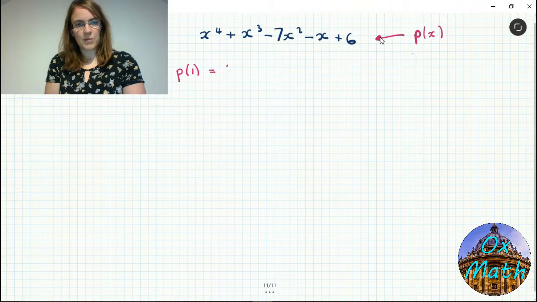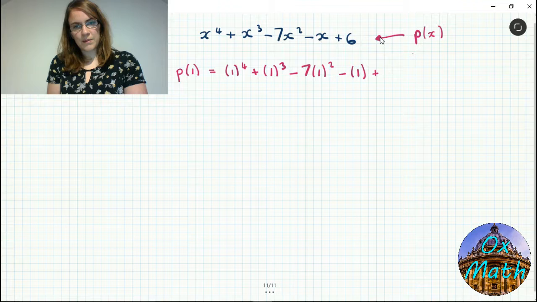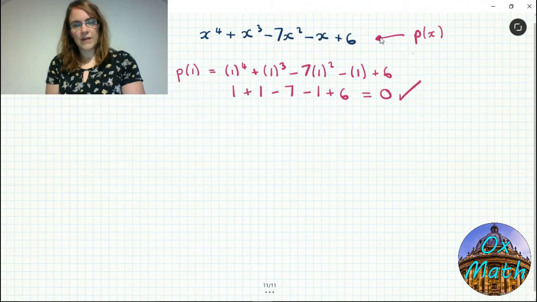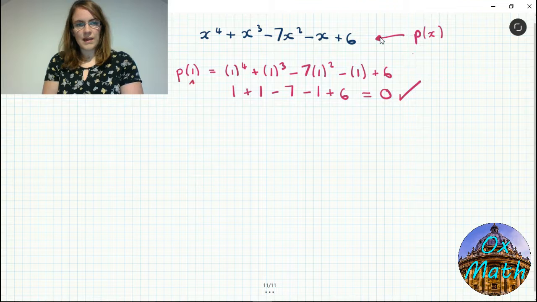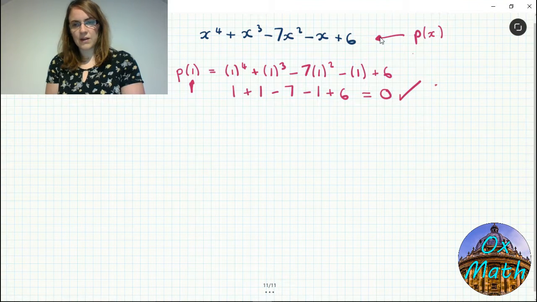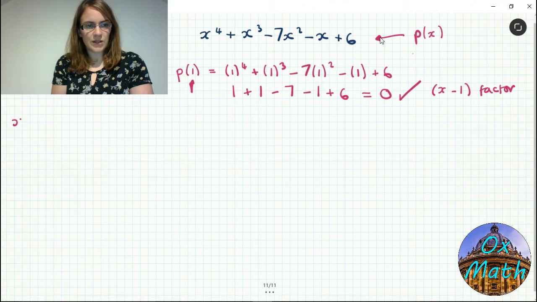So p of 1 would be 1 to the power of 4 plus 1 cubed minus 7 times 1 squared minus 1 plus 6, which is 1 plus 1 minus 7 minus 1 plus 6, which equals 0. So I've actually already found a factor, so that was using 1, so that tells me that x minus 1 is a factor. So now I can do the division and I can divide my polynomial by x minus 1.